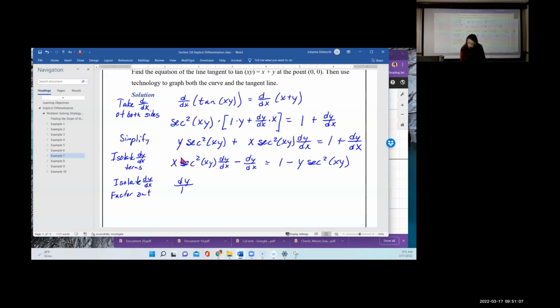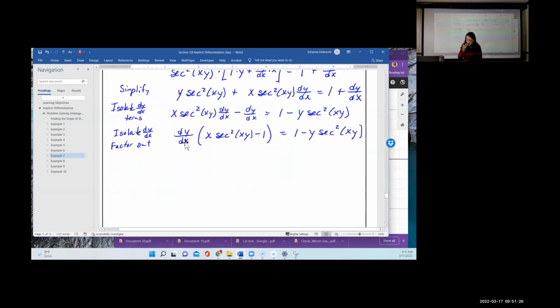We're only after dy dx, that's what we're trying to isolate. So even if there is a greatest common factor, we don't take it out. Notice this leaves a -1 behind in parentheses, since you have to have a placeholder for each term. Then we divide by the coefficient of dy dx.